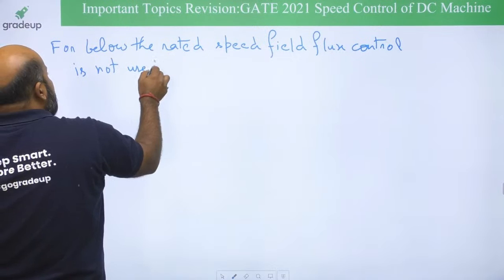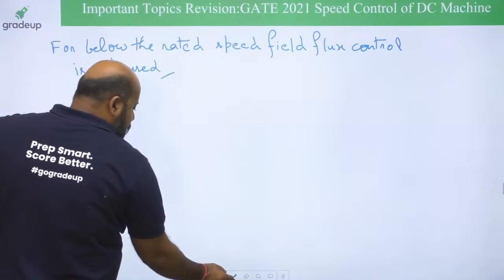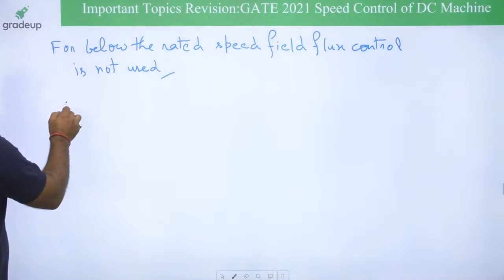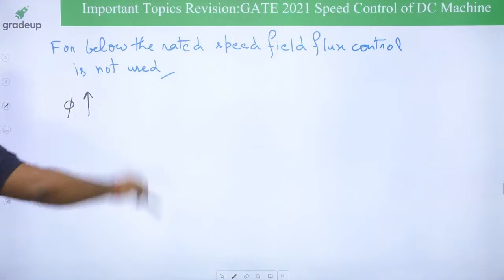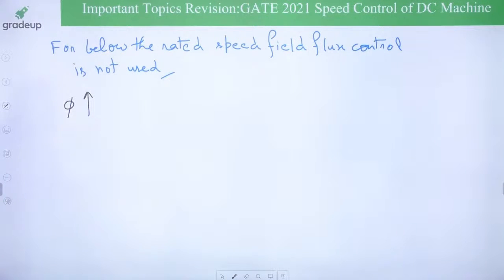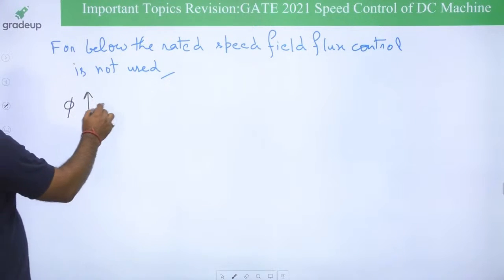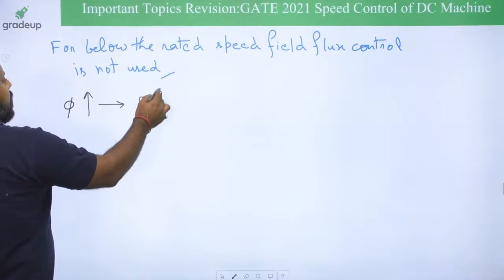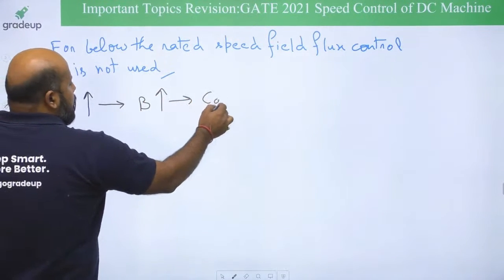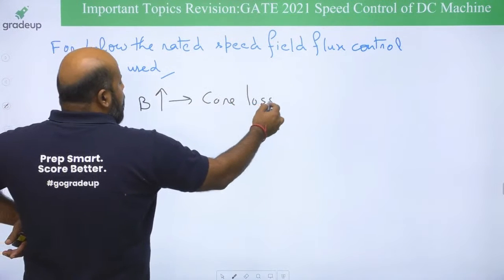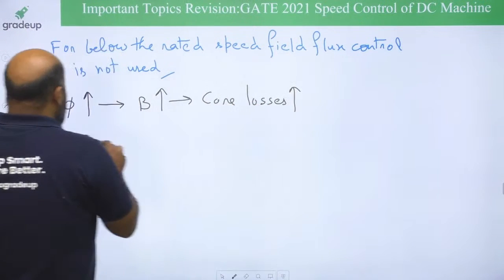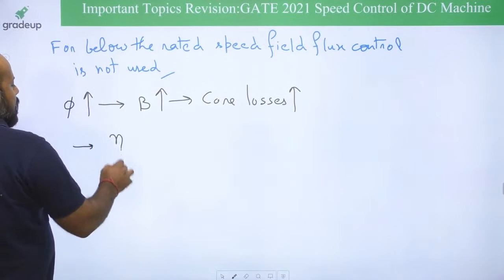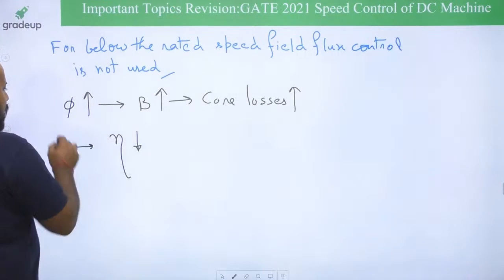Why is it not used? Can you tell me why it is not used? Because if you are increasing the flux, what is going to happen? Flux increasing means flux density increasing. Flux density increasing means core losses are going to be increased. Core losses increased means efficiency is going to be reduced.